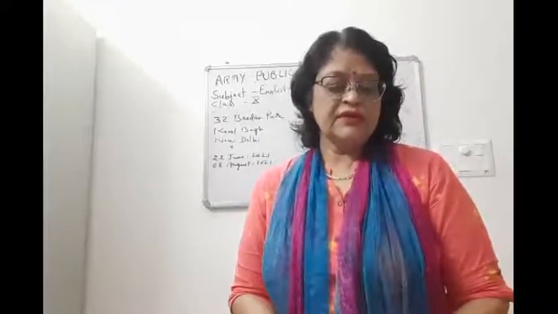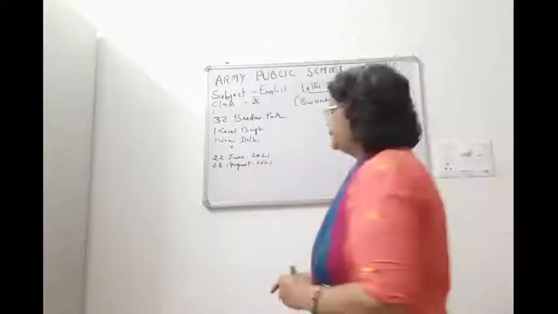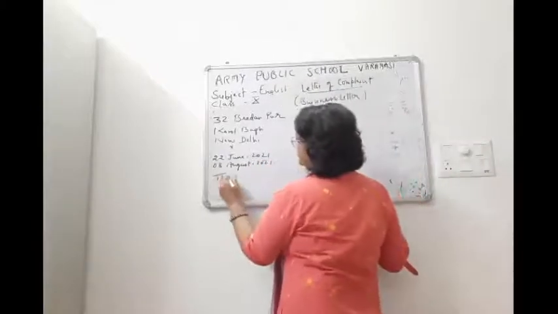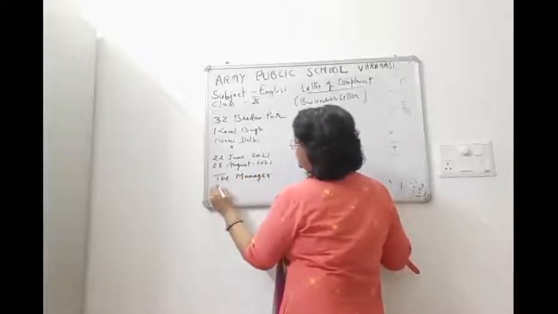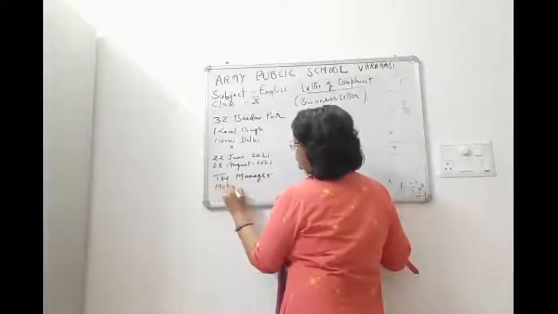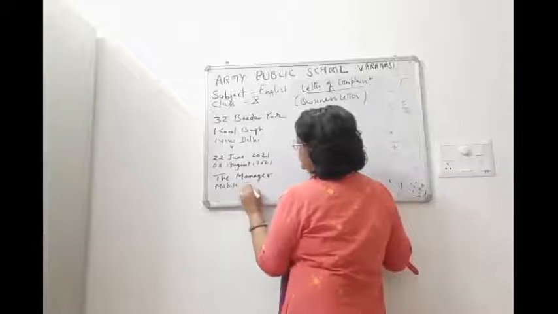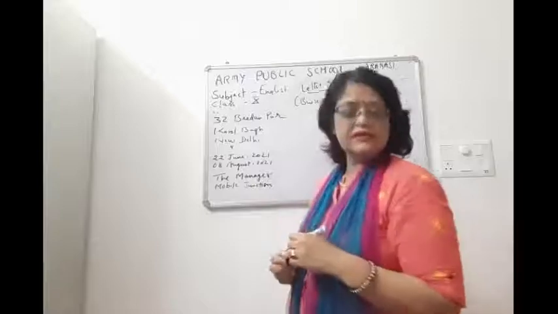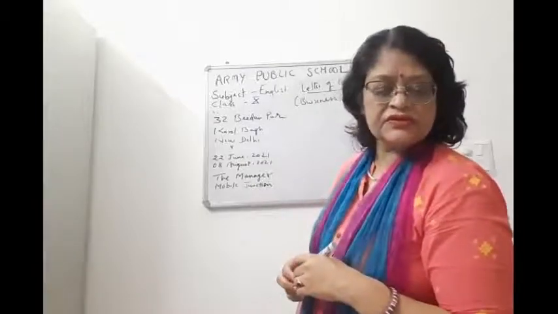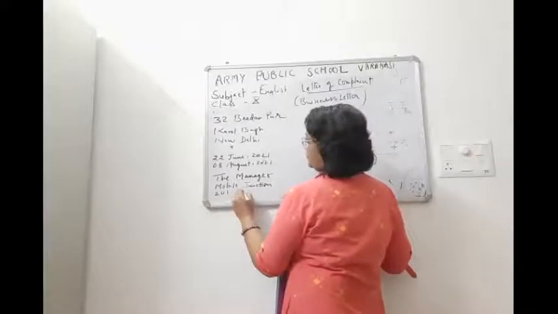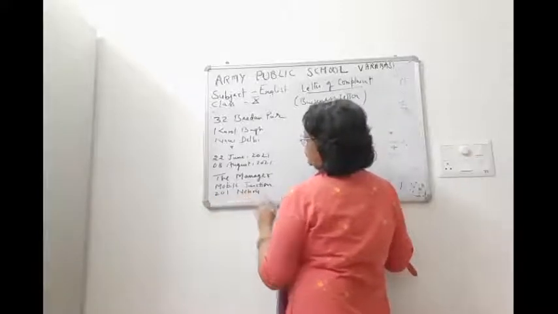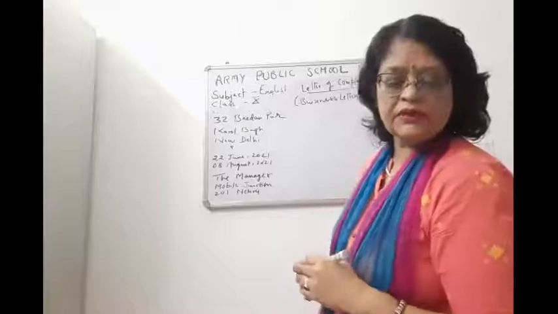So you can write the manager, Mobile, this is the name of the shop. Let me see the place there. Yes, what is the name of the place? Nehru Place.